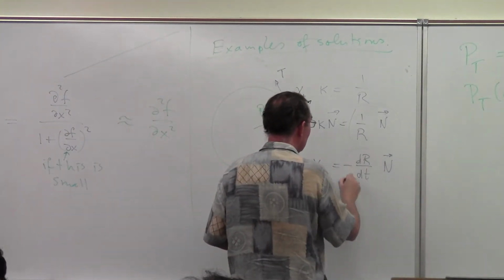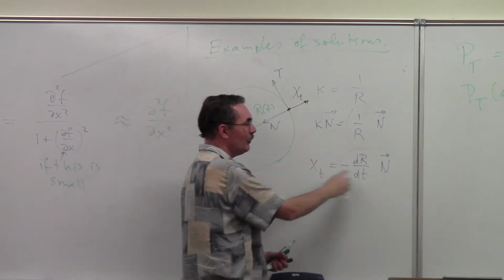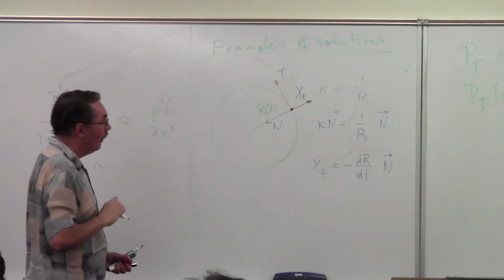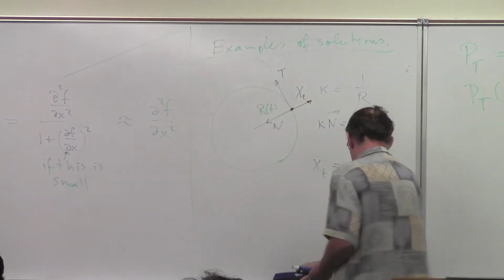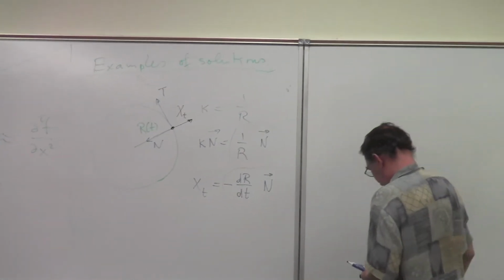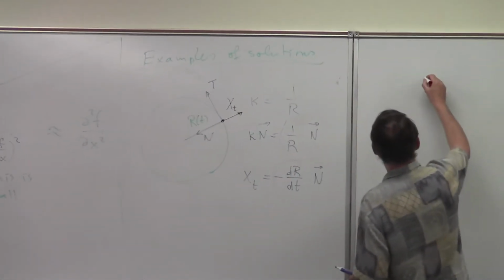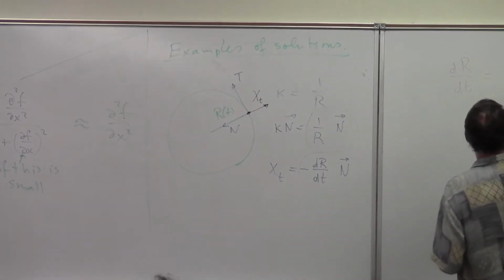Okay, these two things have to be equal. So for curve shortening, these two things have to be equal, or at least the normal component of this thing has to be equal to that, but this thing is already perpendicular to the curve. So for the circle, curve shortening just says dr/dt is equal to minus 1 over r.